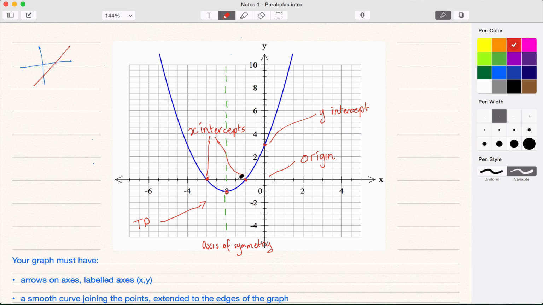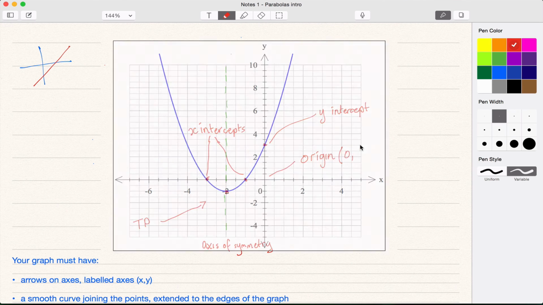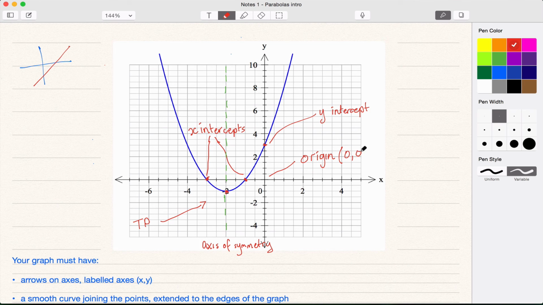The x-intercepts are where it crosses the x-axis. It will have one y-intercept somewhere. I've labelled the origin for you, which is at 0, 0. So you might find it useful to use that term to describe this point here.